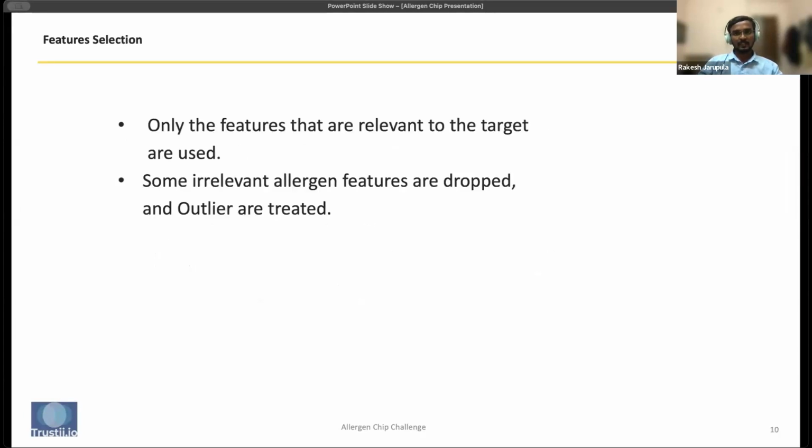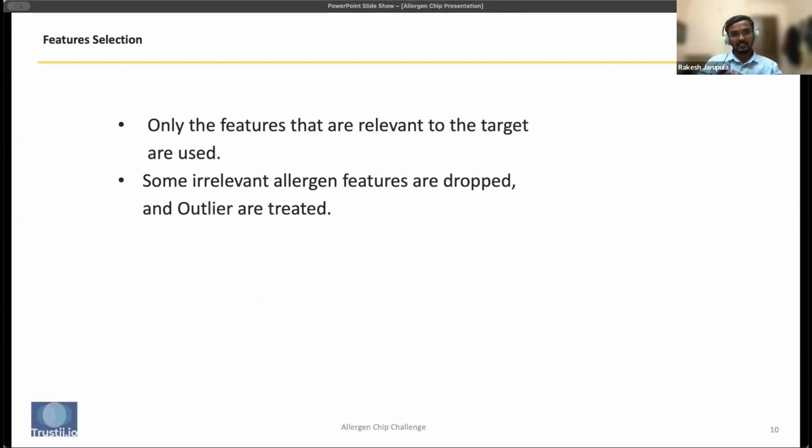For the training of the model, I used only the data sets which are relevant to the task at hand. For example, if I wanted to predict whether the patient has a respiratory allergy or not, I would use metadata about the patient along with the allergen proteins which are relevant to respiratory.